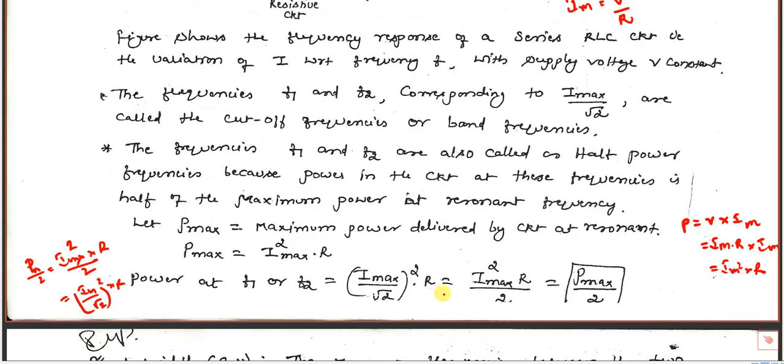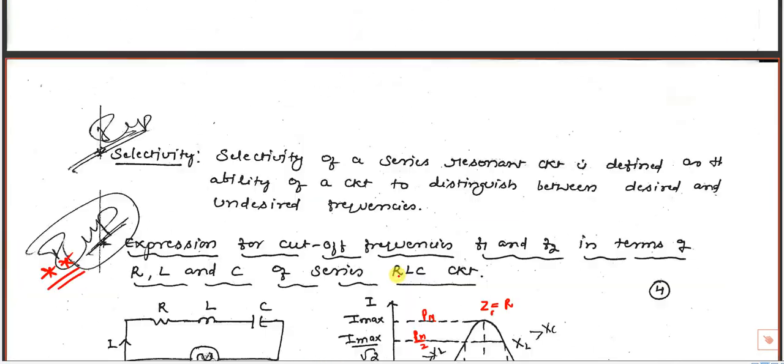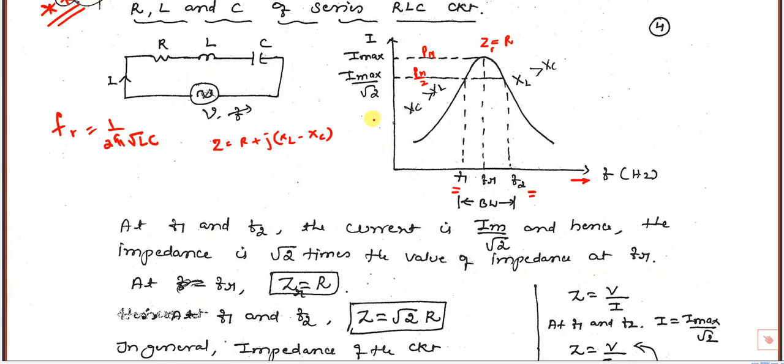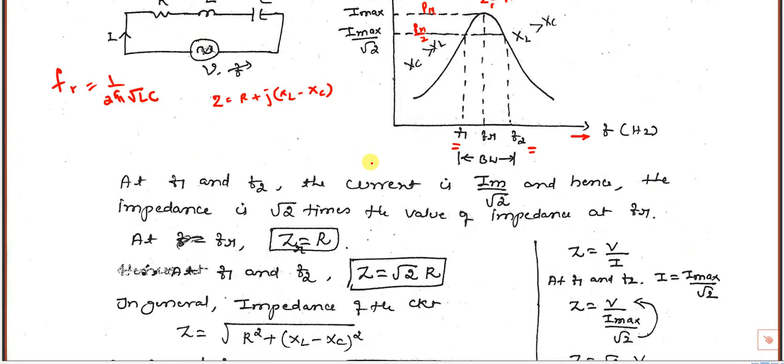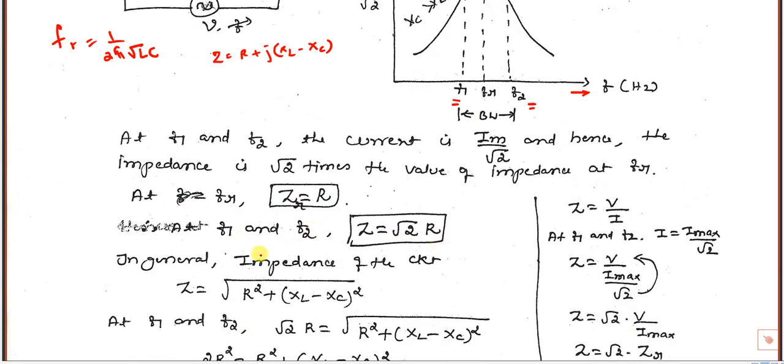So current at resonance is I max, and at F1 and F2 current is Im by root 2, and the impedance is root 2 times the impedance at resonance. Impedance at resonance ZR is only resistance R. At F1 and F2, Z is equal to root 2 R.